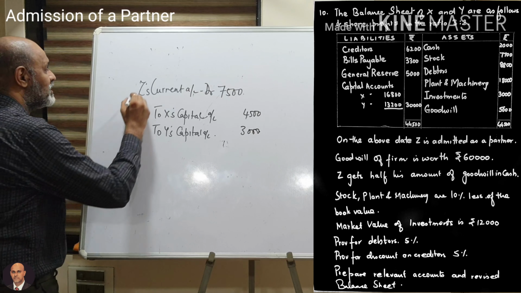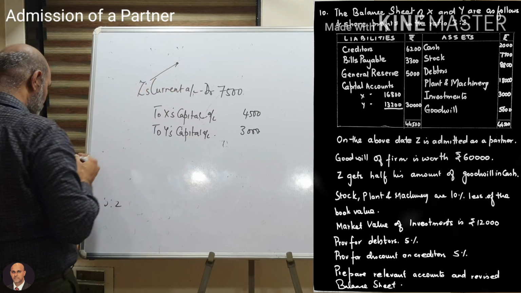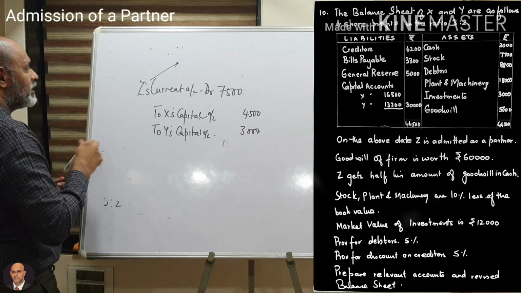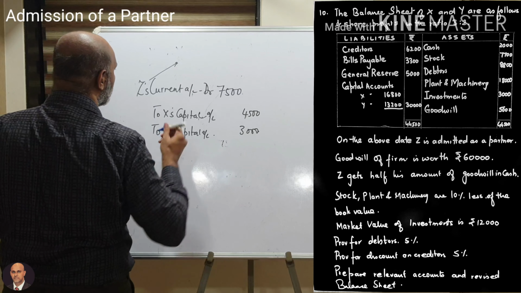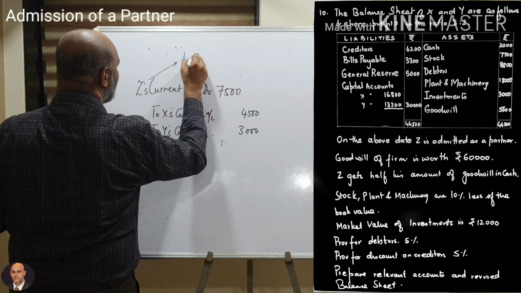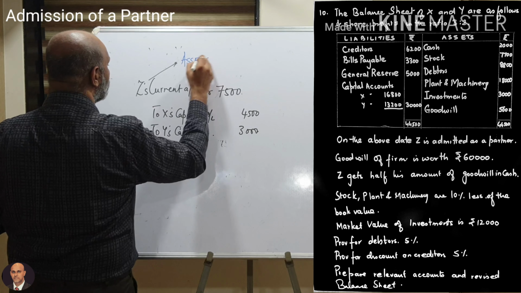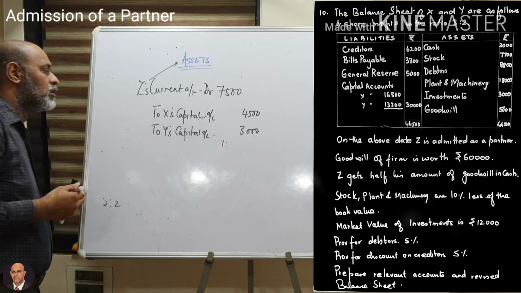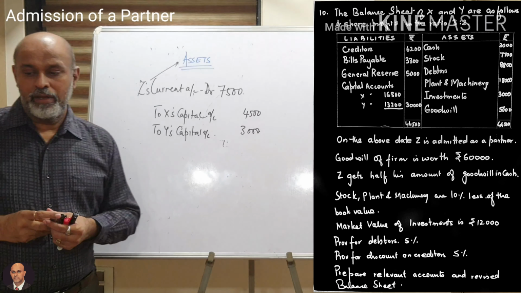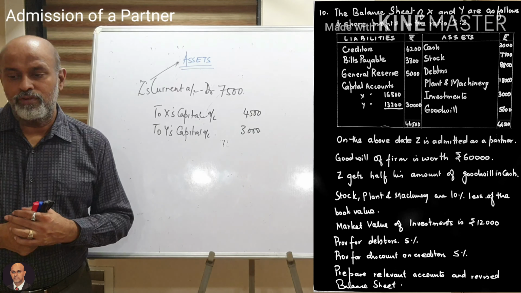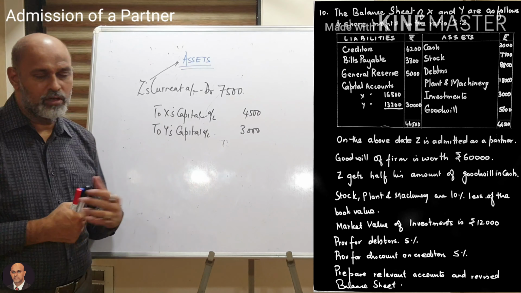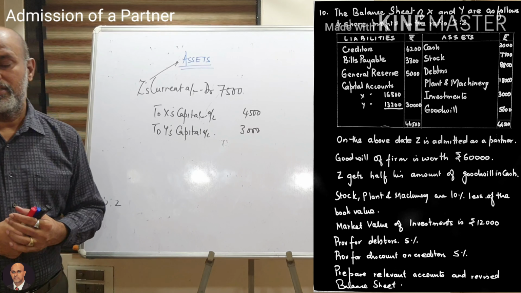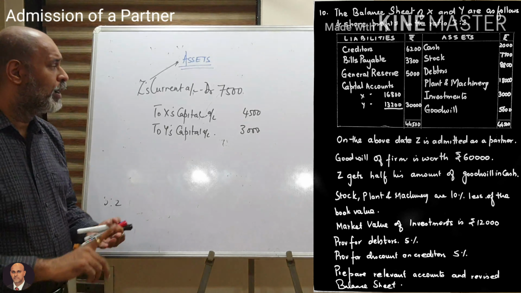Okay, and the second effect will come, you will write it in your assets. The second effect will come in the assets, since we have to get this amount from Z. Okay, so that finishes off with your goodwill part of it.